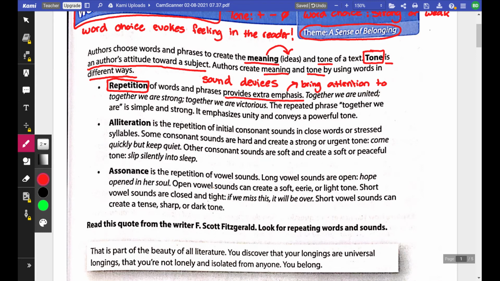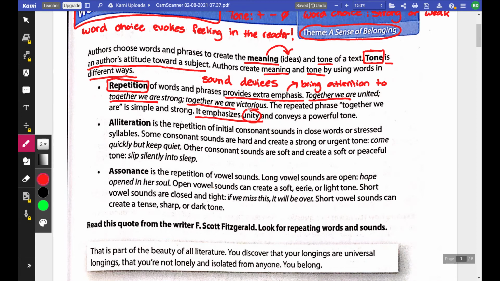So if you'll notice, in this sentence, we have the phrase together we are being repeated. So, together we are united, together we are strong, together we are victorious. Together we are is being repeated. So, that repeated phrase, together we are, it's very simple, but it's also strong. So, it's a simple phrase, but it's strong and it emphasizes unity.